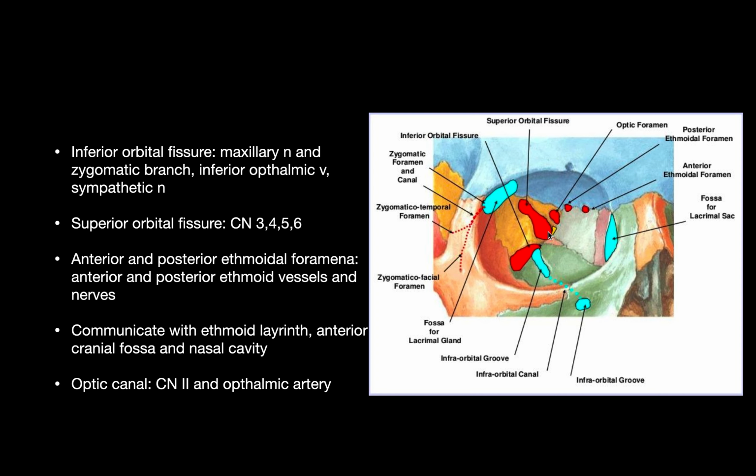The anterior ethmoid foramen and the posterior ethmoidal foramen conduct the anterior and posterior ethmoid vessels and nerves respectively, and those communicate with the ethmoid labyrinth and the anterior cranial fossa and the nasal cavity. And then the optic foramen will conduct cranial nerve number 2 and the ophthalmic artery.